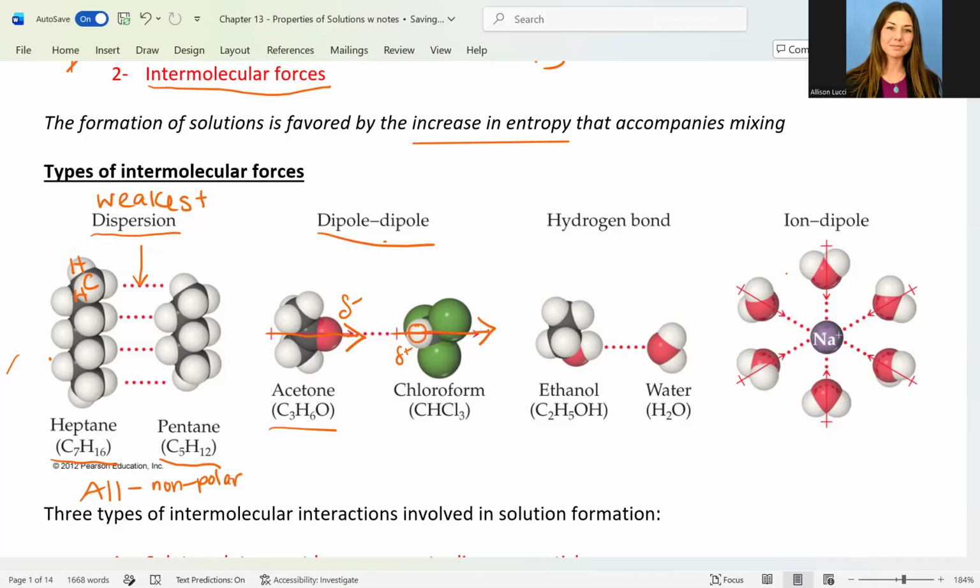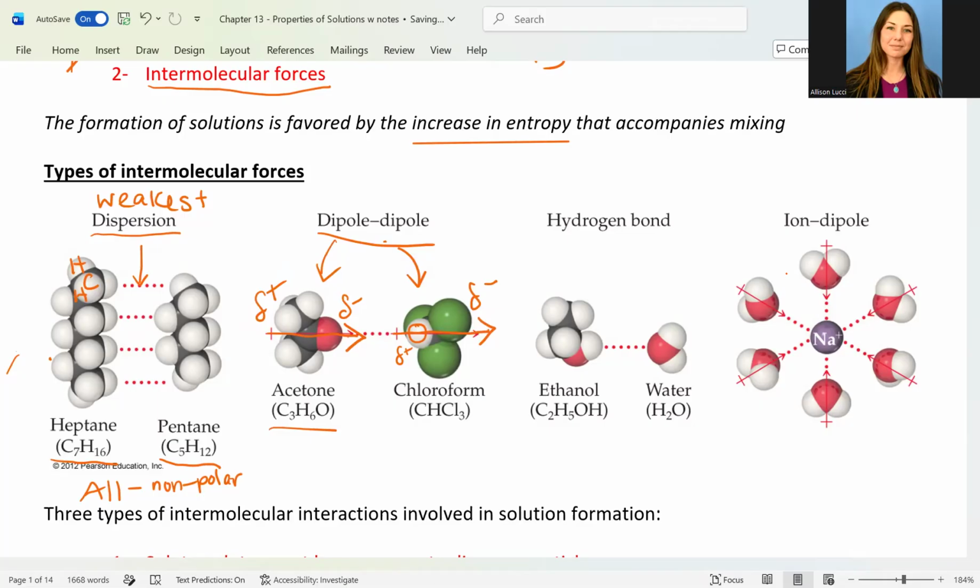So both of these molecules, acetone and chloroform, are both polar compounds, polar molecules. And when they're next to one another, we would see these dipole-dipole interactions because each of these are considered a dipole. And this can be between like molecules or unlike molecules, like we see here. Acetone and chloroform are not the same.